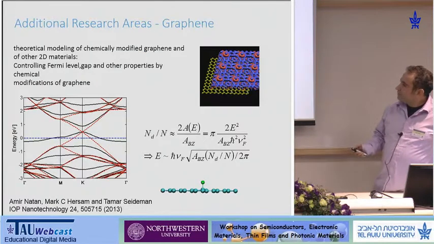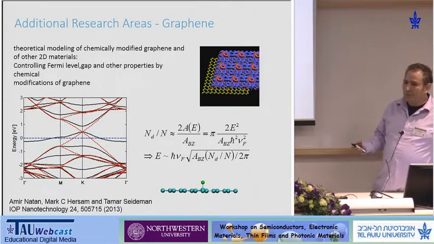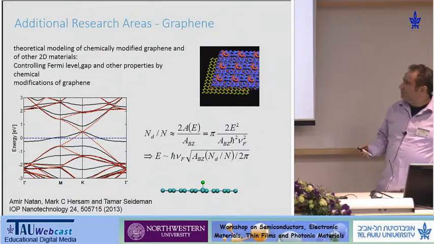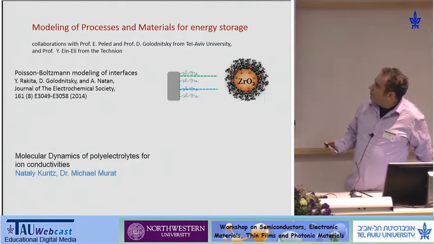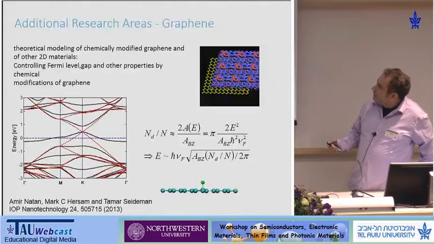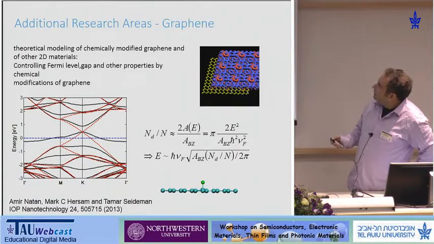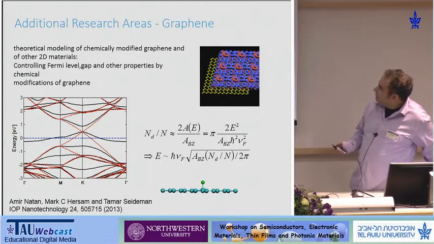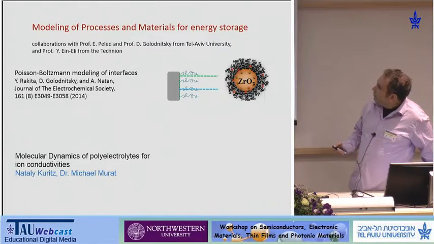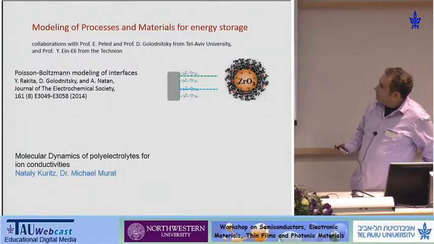Okay, so I will skip the graphene, although it's with NU. I will just say that we do some simulations of graphene and graphene doping. We do modeling of processes and materials for energy.